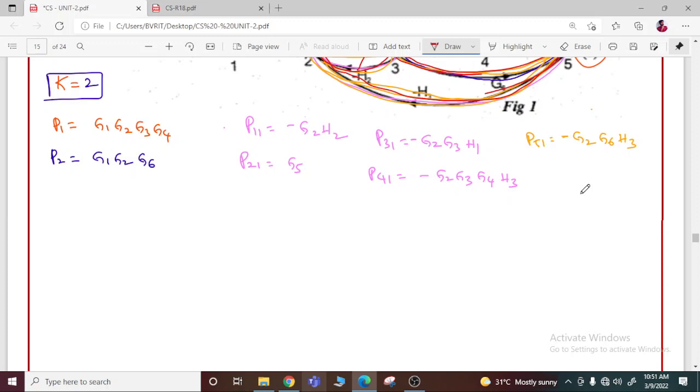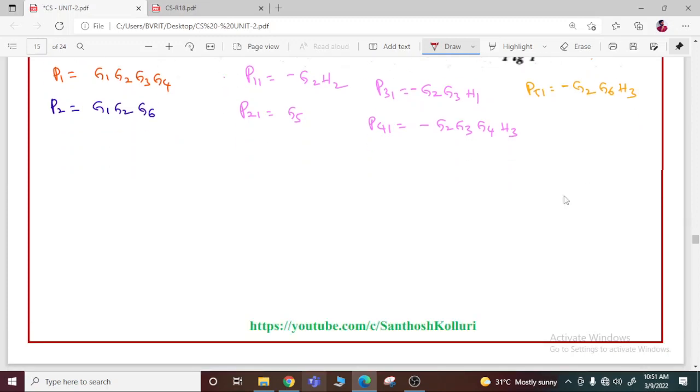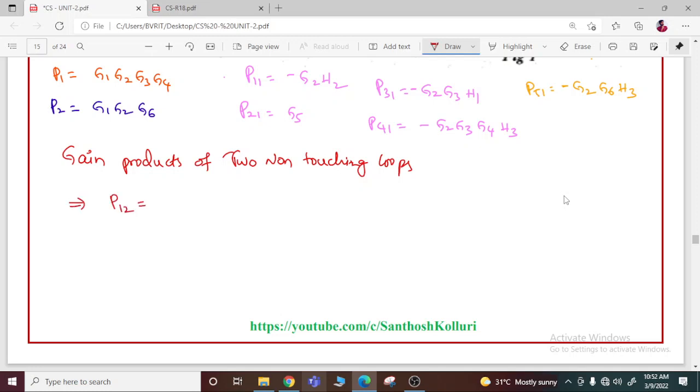So I can write here the gain products of the two non-touching loops like this. Gain products of two non-touching loops are P12, which is nothing but this P11 along with P21. So I can write here minus G2 H2 into G5, or minus G2 G5 into H2.